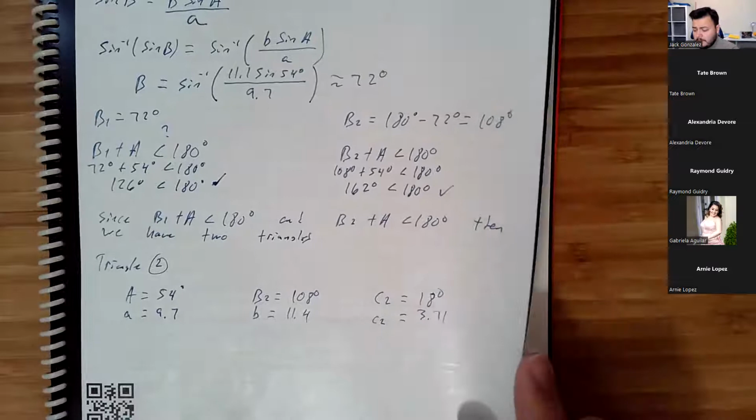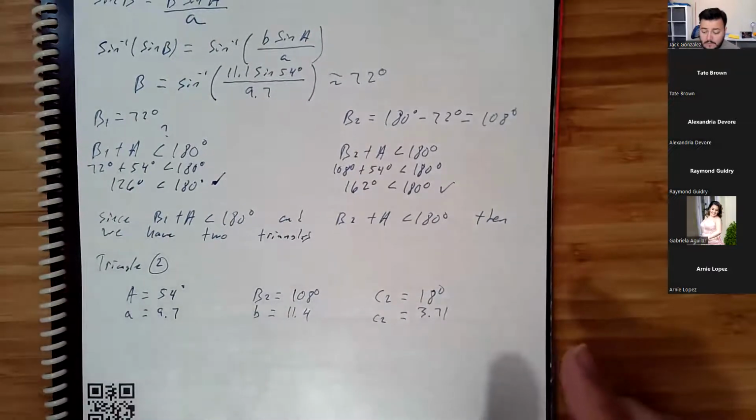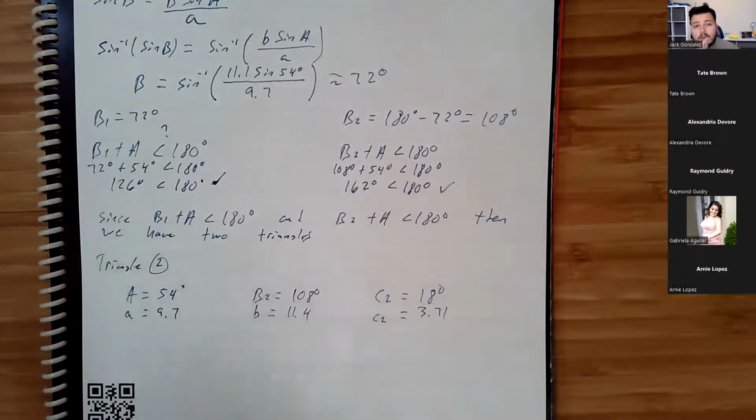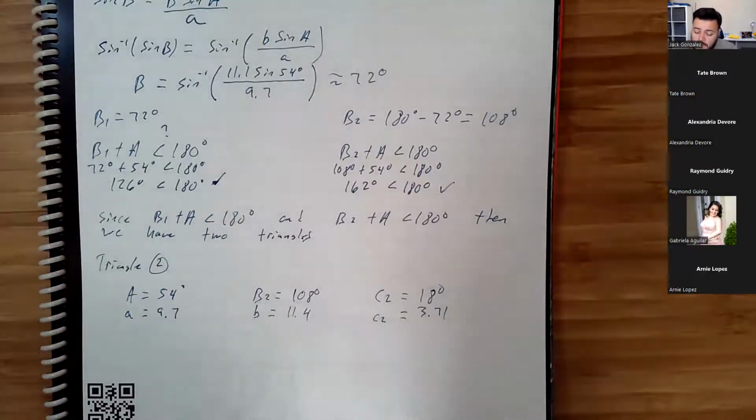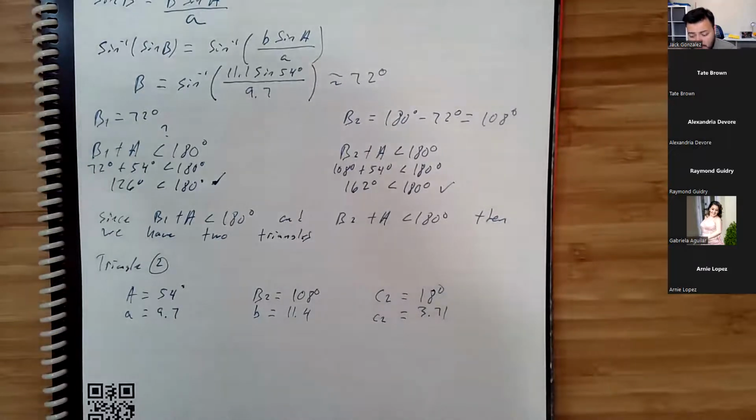So if you're solving for the angle, and you're given two angles, then for sure you have one triangle. If you're given one angle and you're trying to solve for an angle and then you get an error, then you have no triangles. If it works, then you find the other angle and you test both.